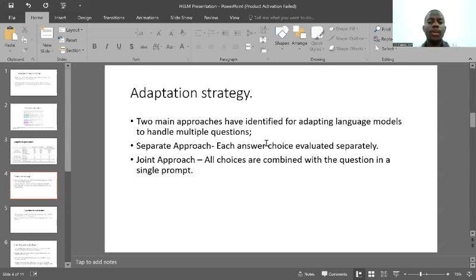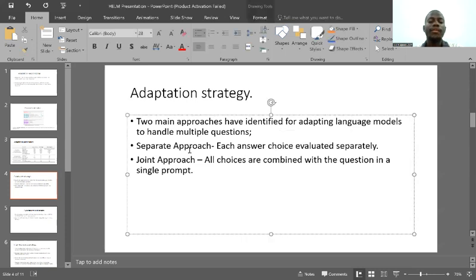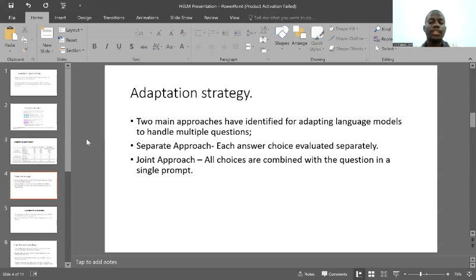In this separate approach, we have a question, just like the objective questions we do in some examination papers, whereby you have a question and they give you a number of solutions, and in this case they might be four solutions. So in the separate approach, each answer choice is evaluated separately. You get the question and one of the solutions, in case it is A, B, C, D as the answers.